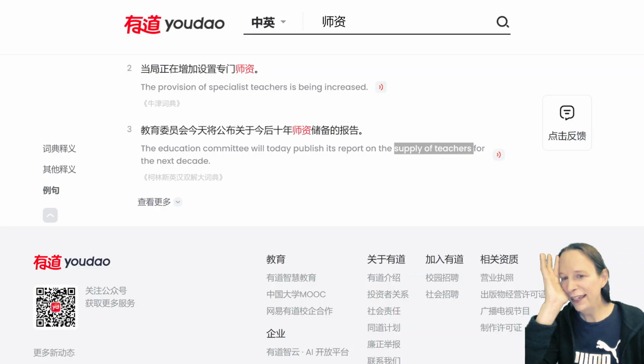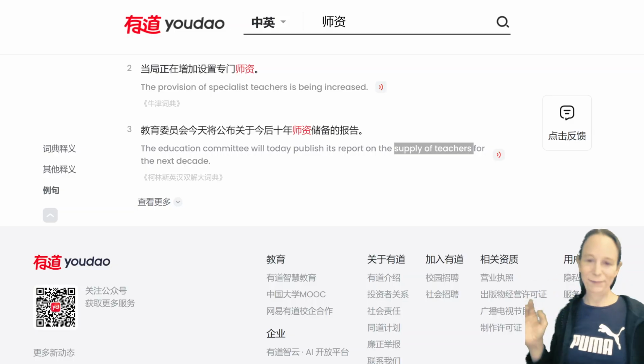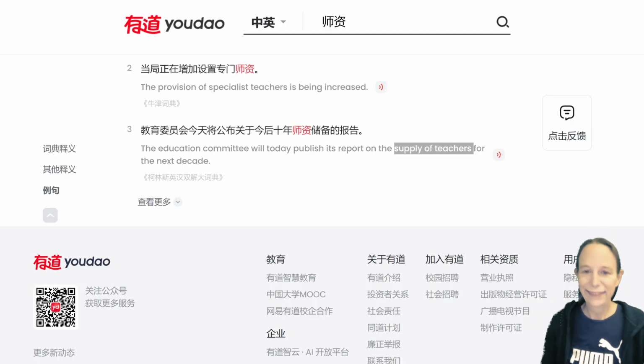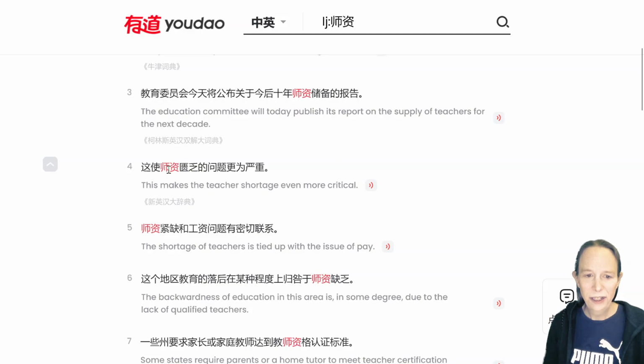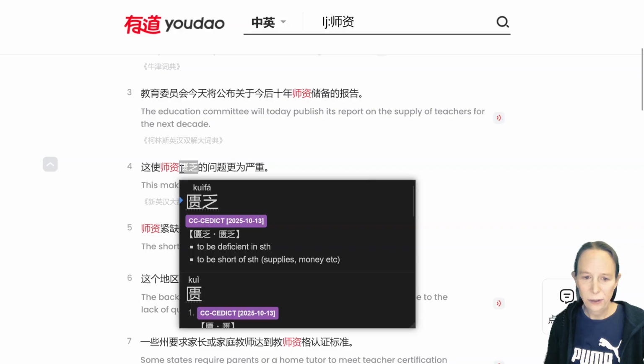It's not really thinking of the people as people. I guess maybe you do think of reserve teachers. 这是师资匮乏的问题更为严重. So the teacher shortage. 匮乏, shortage, deficiency maybe.